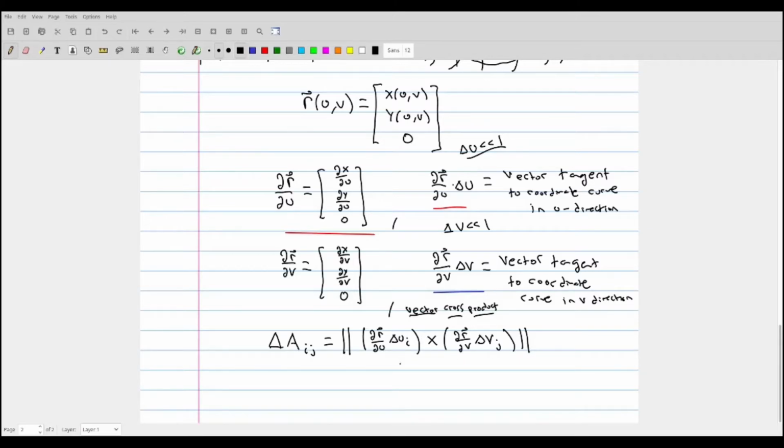And one of the nice things about the magnitude of the vector cross product is that, using its properties, we can factor out delta ui and delta vj to get that this is the same thing as the magnitude of the vector cross product of dr du with dr dv, multiplied by delta ui delta vj.